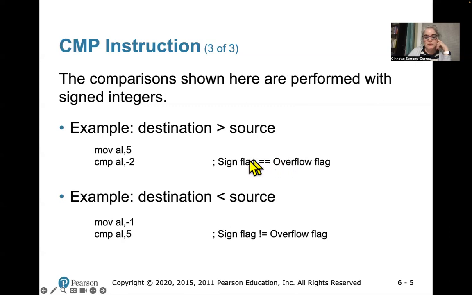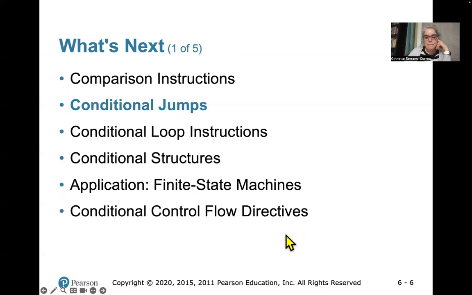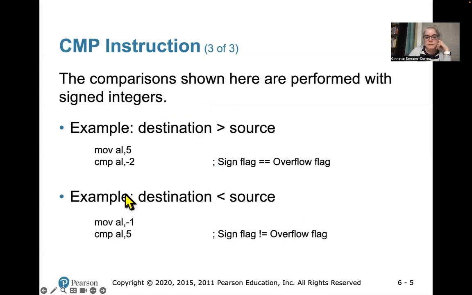So both of these are going to be equal to one another. In this one, if the destination is less than the source, the sign flag is not going to equal the overflow flag.